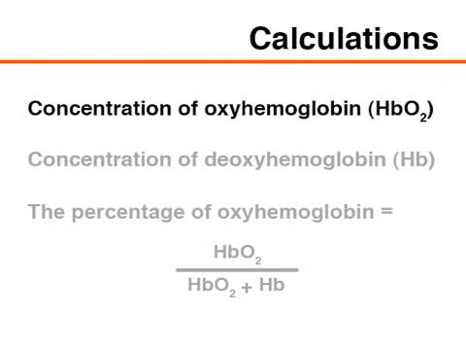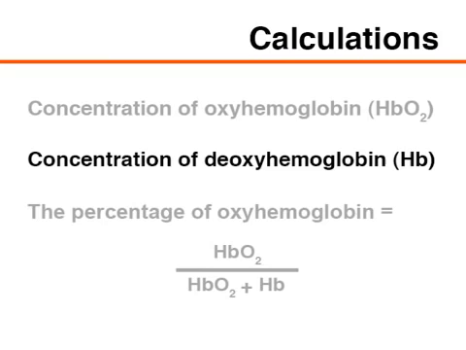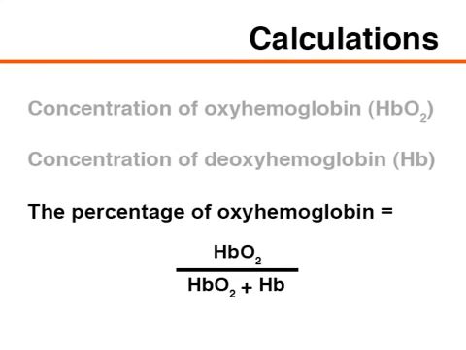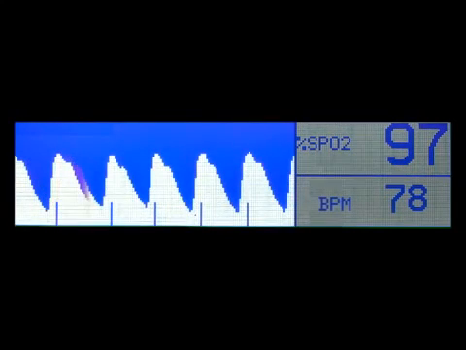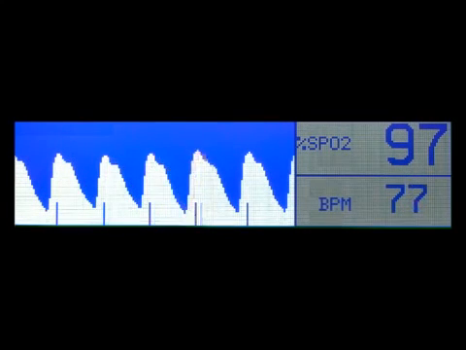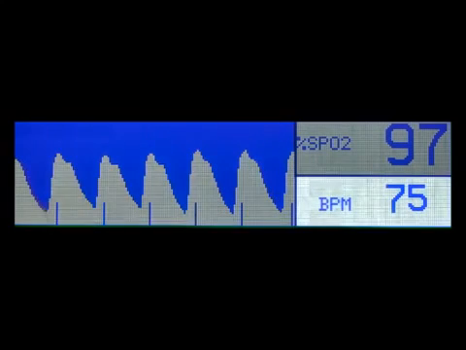Using this information, the microprocessor determines the concentration of oxyhemoglobin and deoxyhemoglobin, respectively. It then calculates the percentage of oxyhemoglobin and displays the hemoglobin oxygen saturation in arterial blood, a waveform corresponding to the pulsatile flow in arterial vessels, and the heart rate.